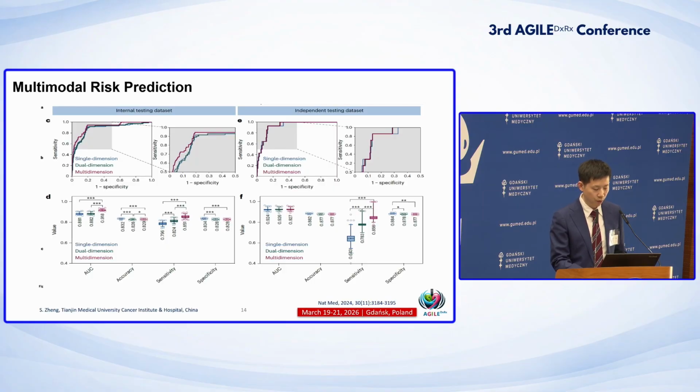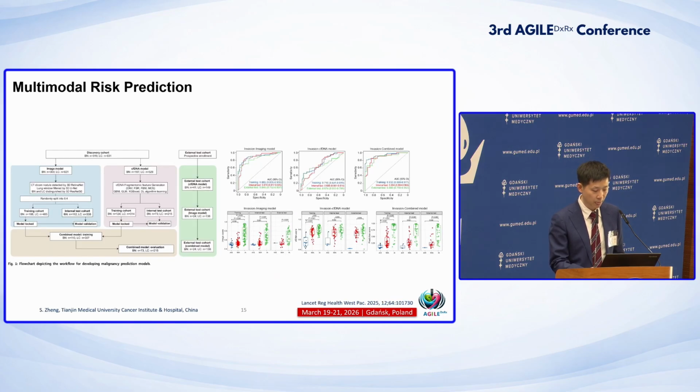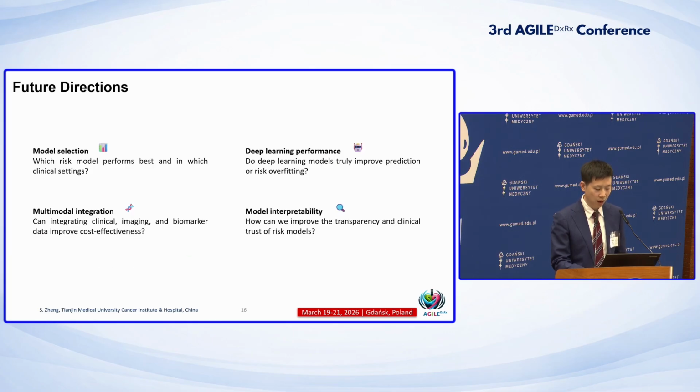Their results show that using features in multiple dimensions, they can outperform the dual-dimensional or single-dimensional feature-based models. Similarly, this imaging and cfDNA-based integrated model also outperforms the individual models. So a lot of promising results have been achieved.